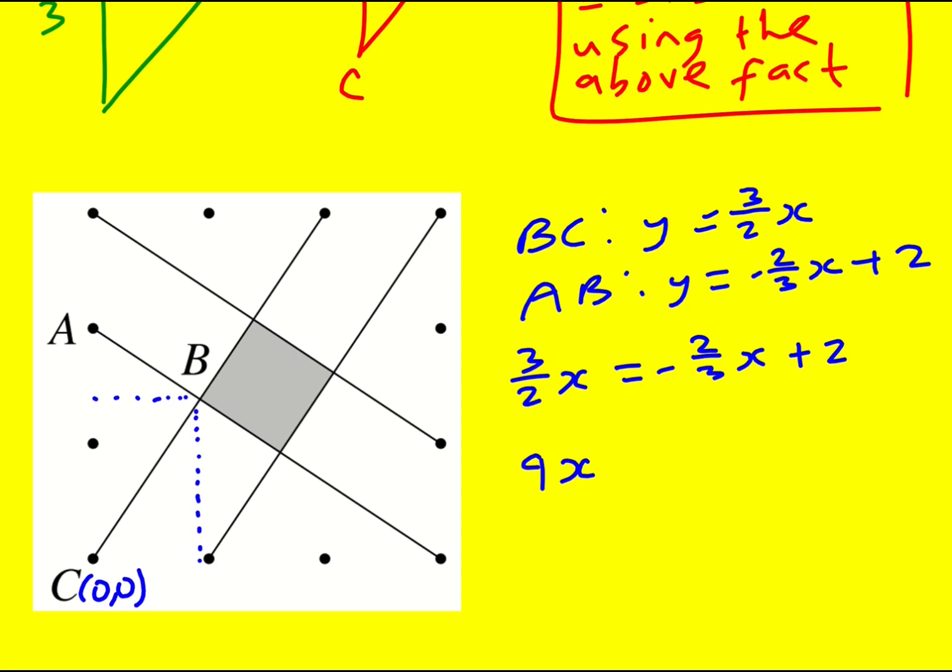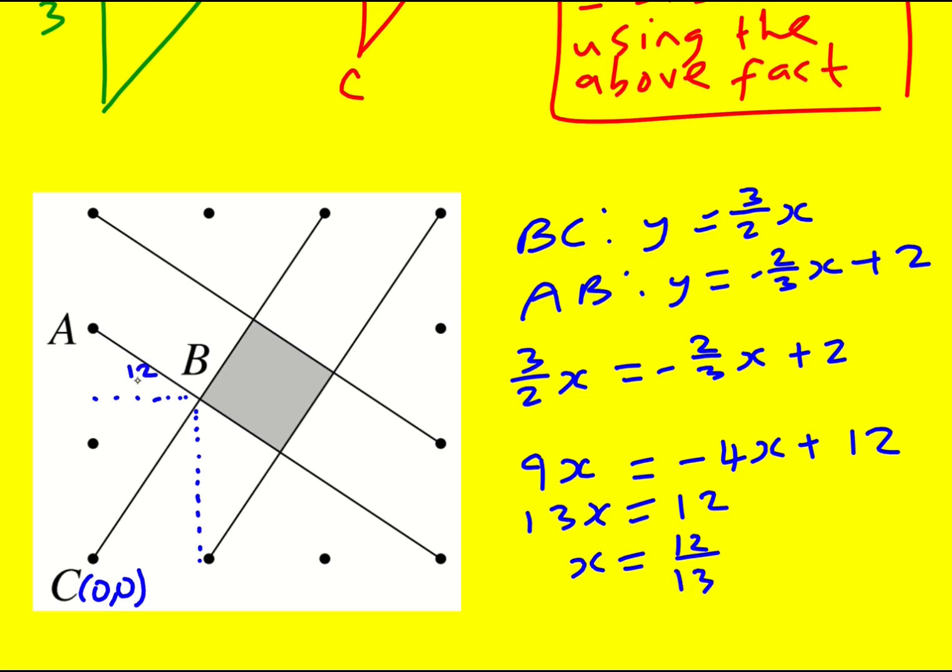I'm just left with 3 times 3. And then over here, I'm just going to get minus 2 times 2. It's going to be minus 4x. Don't forget to times this by 6 as well, 12. So 13x is equal to 12. x is equal to 12 over 13. That's actually this distance here.